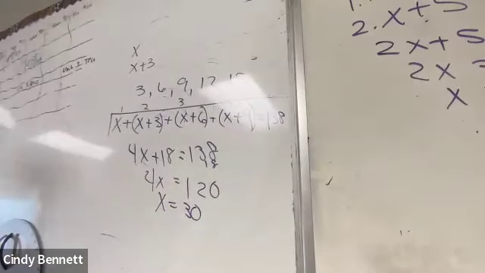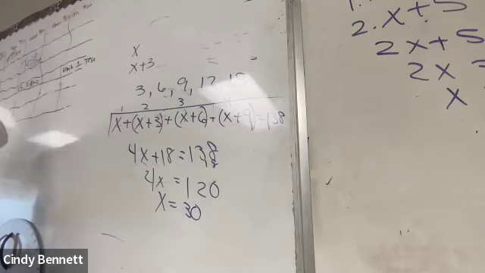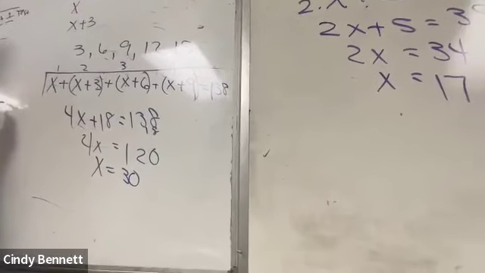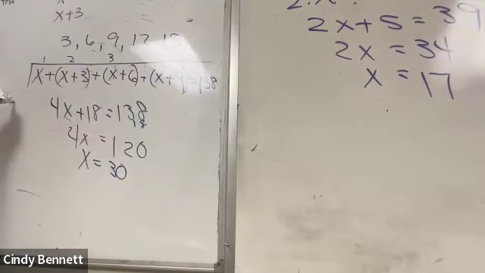All right, so the question is, what are the 4 numbers? 30, 32. Right, so I'm going to start with 30 and then just keep adding 3s.